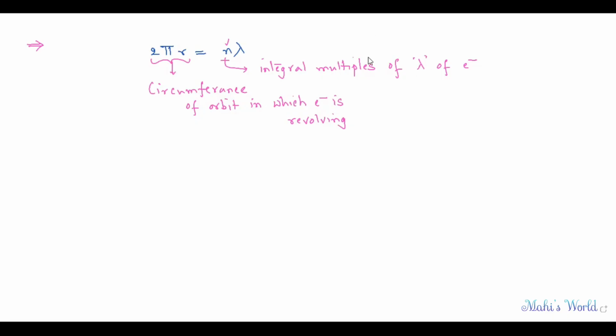Let's see what happens if it is so and what if it is not, taking two conditions. What if 2 pi r is equal to n lambda? This is when the two ends of the electron wave meet.